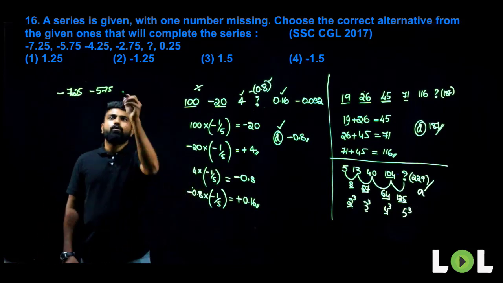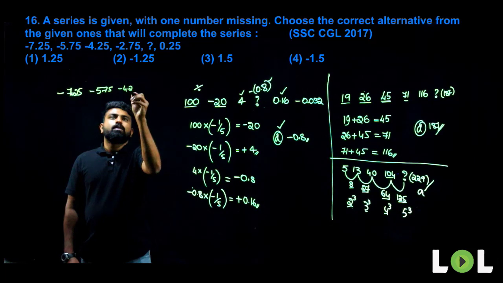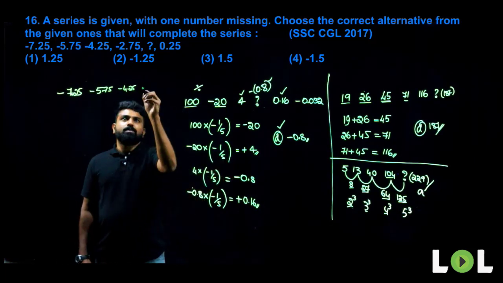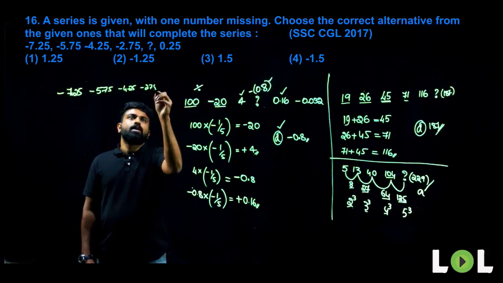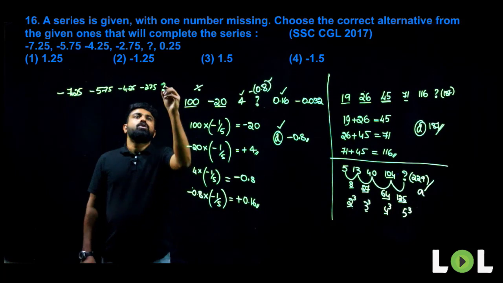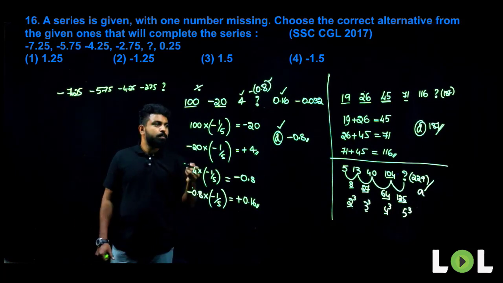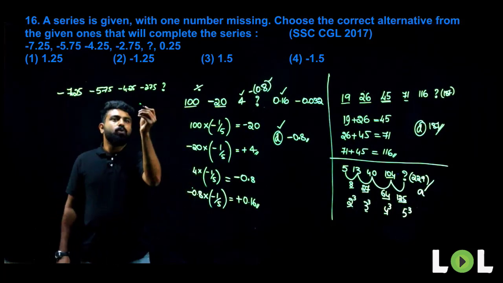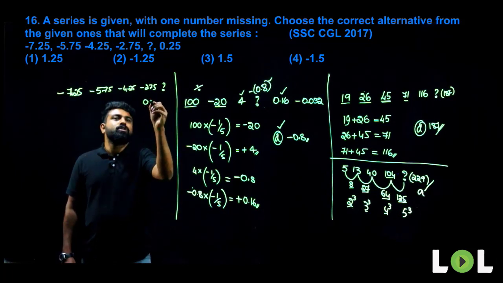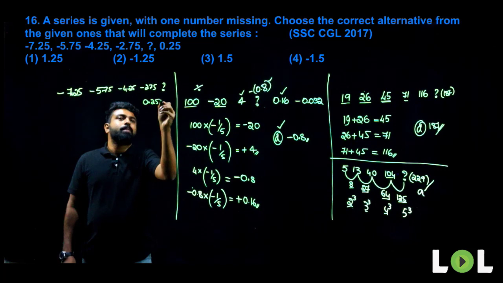Minus 4.25. What is my next term after that? Minus 2.75. And then I have a question mark here. I don't have the place here, so I will be writing the last term down, don't get confused. Minus 0.25. This is my last term.